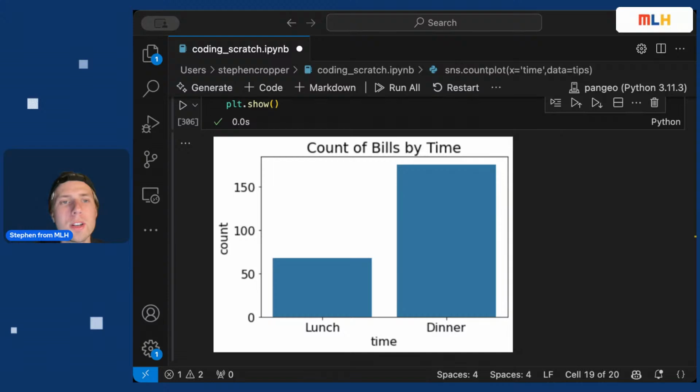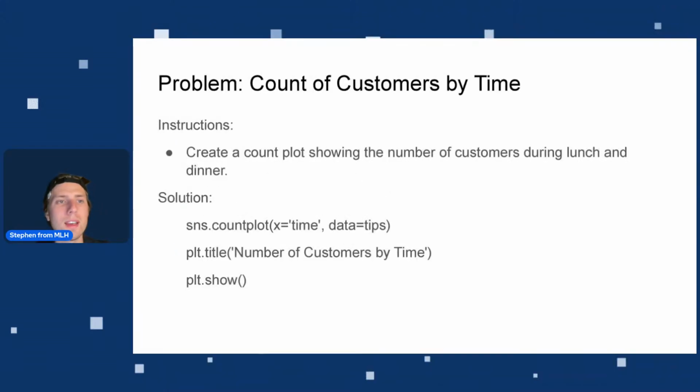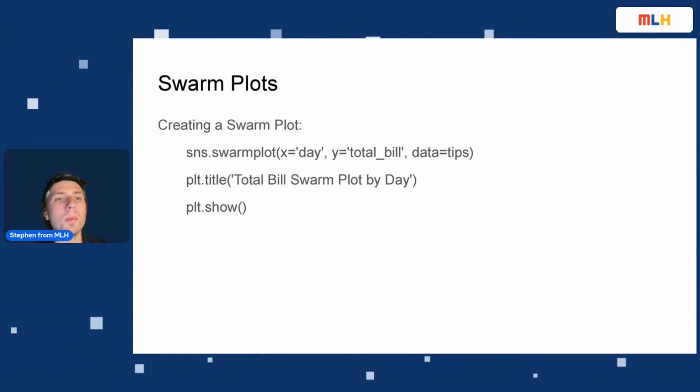All right, so I want to show you another type of plot that you can make with Seaborn, and that's called a swarm plot. So I think these are pretty cool. And the way that you make them with Seaborn is you type sns.swarmplot, and you're going to need one variable, which will be the categorical variable as your x.